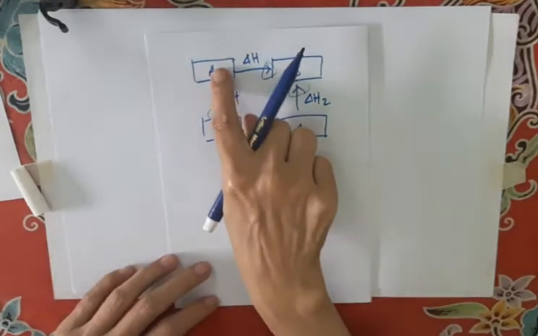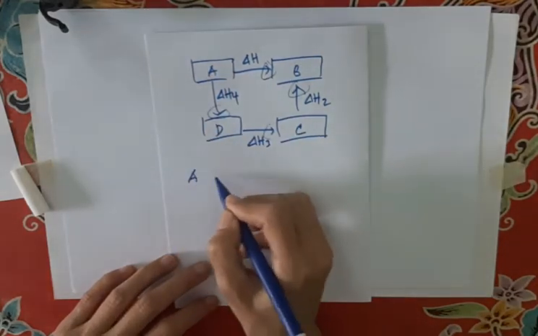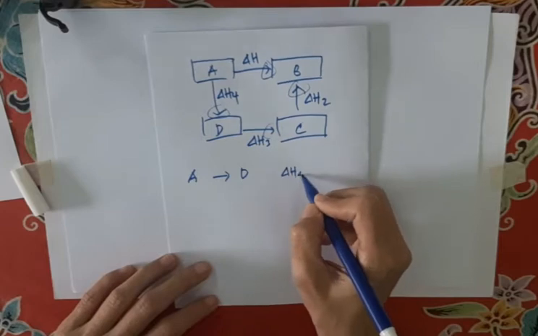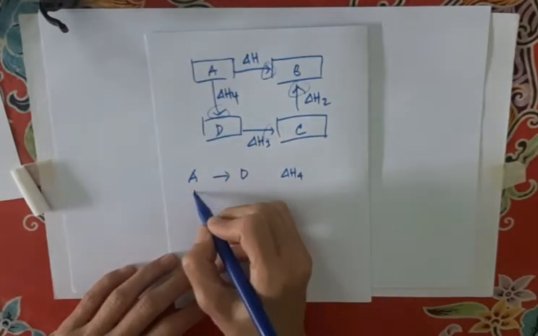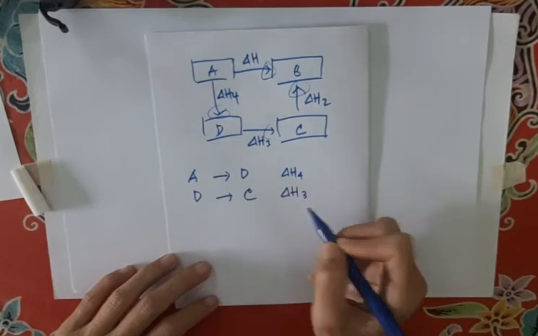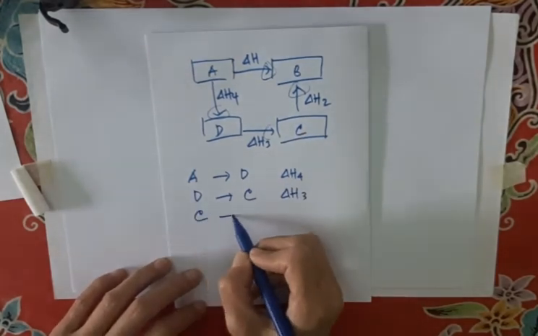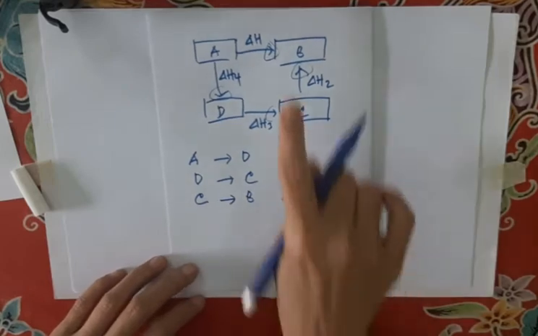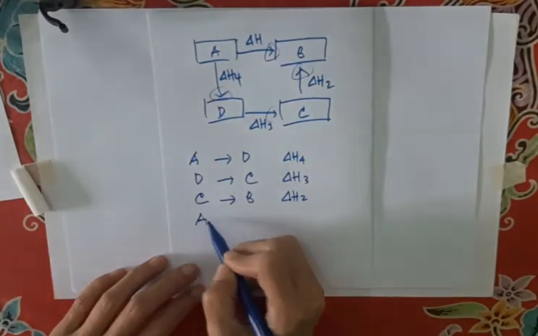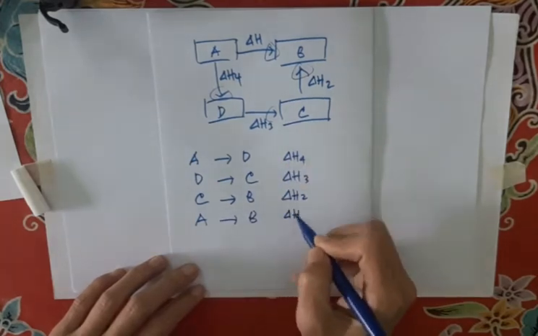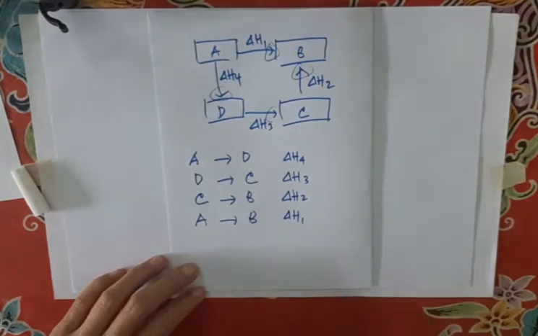A turns into D, delta H4, D turns into C, delta H3, C turns into B, delta H2, and A turns into B, delta H1.